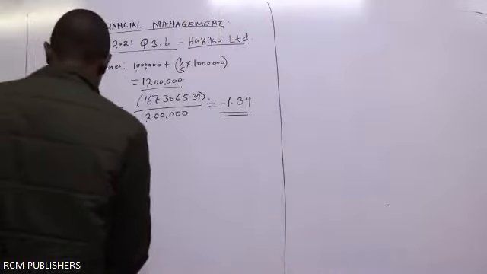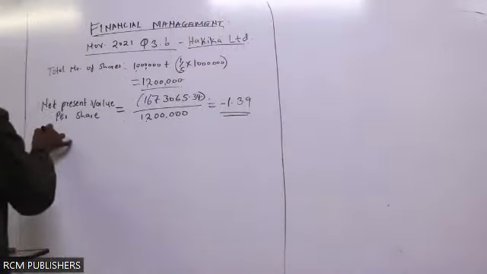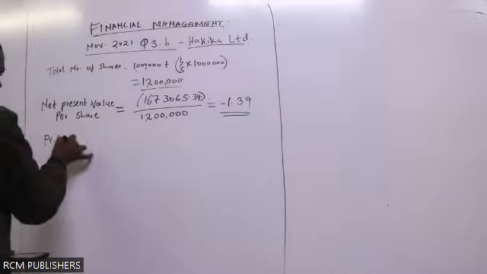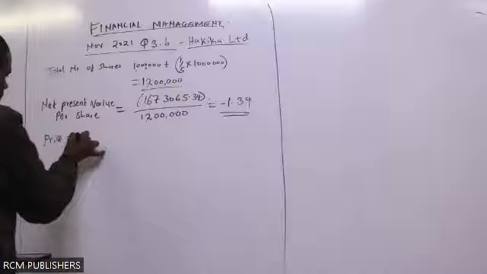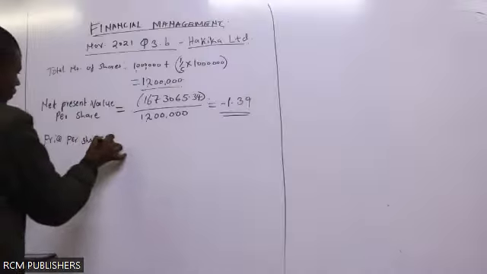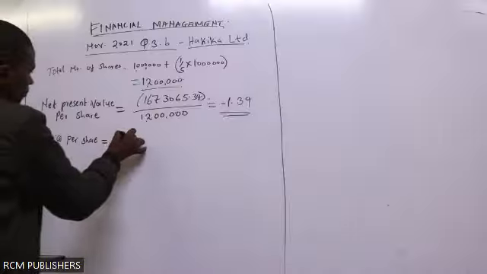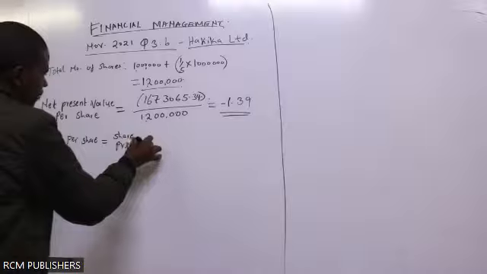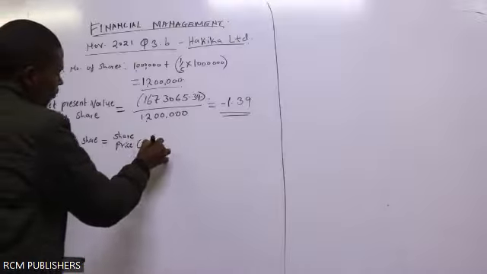So the price per share, as requested by the examiner, should be equal to the share price, and the share price here is the MPS, the market price. How much was it?